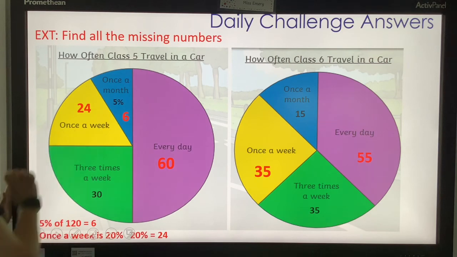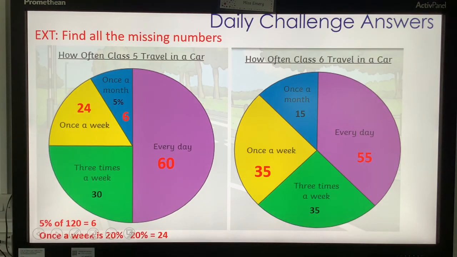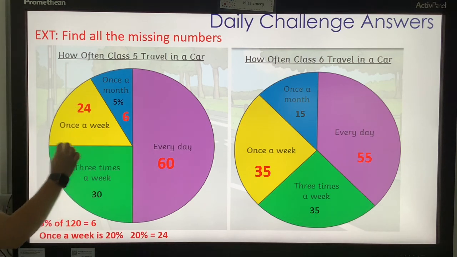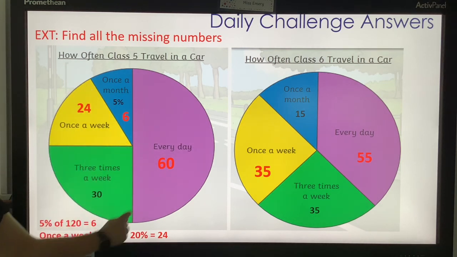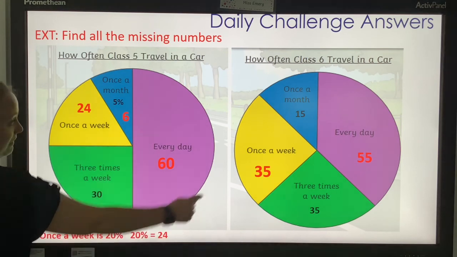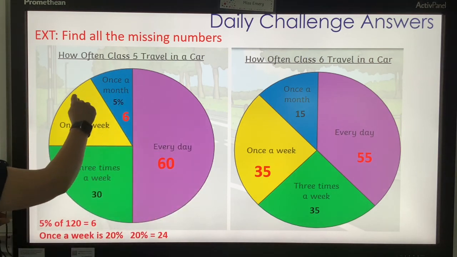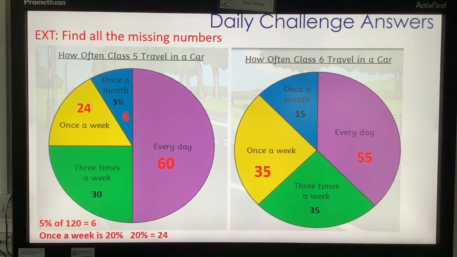So you needed to find 5% of 120. And 5% of 120 is 6. You then know that this remaining percentage here must be 20% because this is 25 and this is 50 and you've got 5 here. So this must be 20%. And 20% of 120 is 24 because 10% is 12.